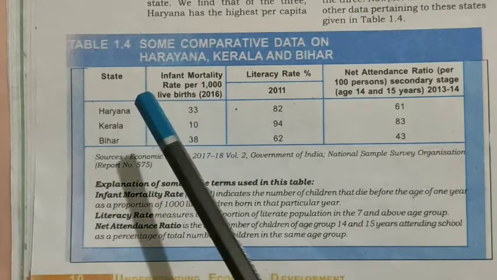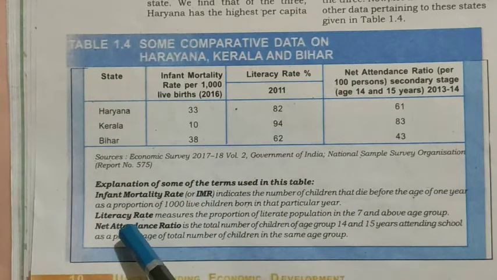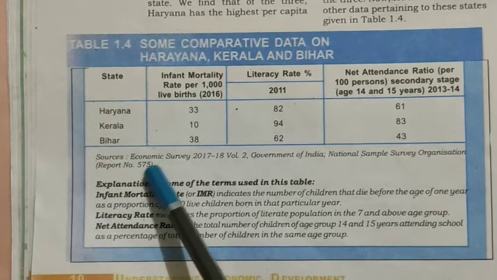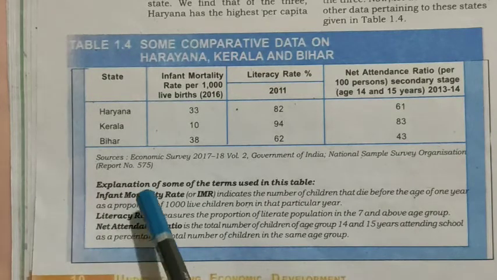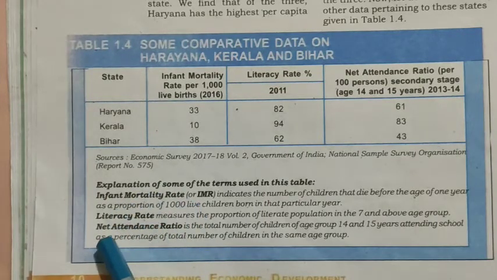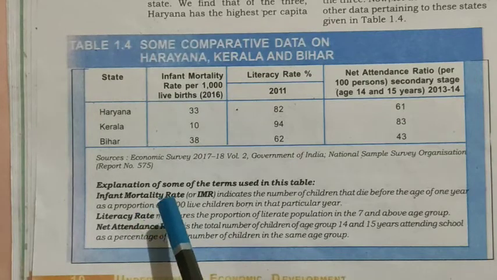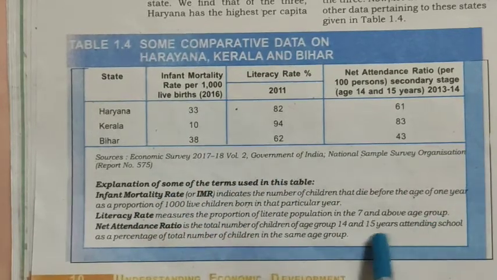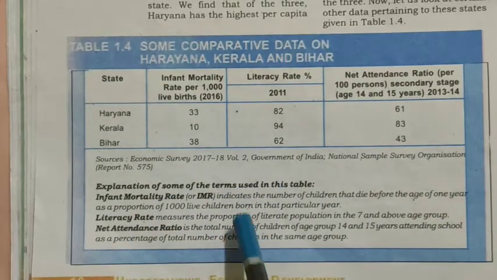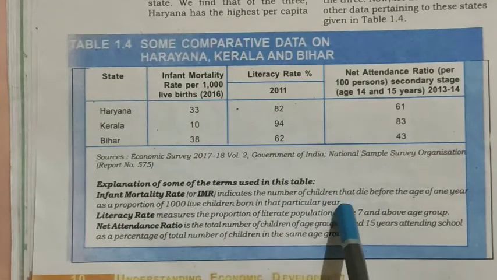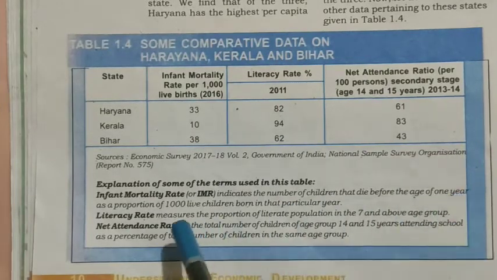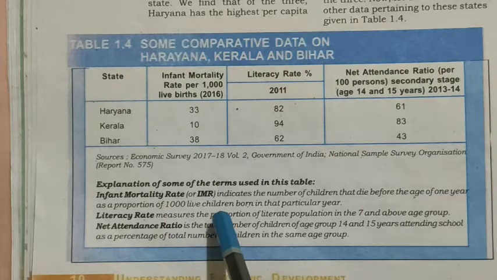In table 1.4, you first have to understand the meaning of these 3 terms: infant mortality rate, literacy rate, and net attendance ratio. The explanation is already given. You have to read and remember the definitions of the given terms. So, infant mortality rate indicates the number of children that die before the age of 1 year as a proportion of 1,000 live children born in that particular year.